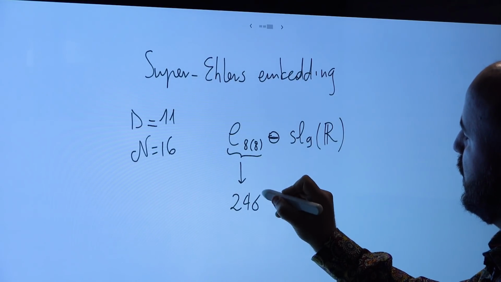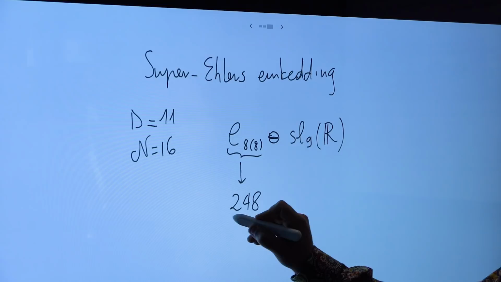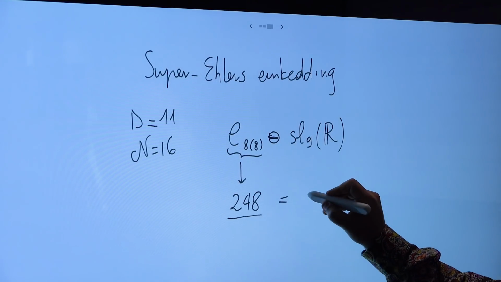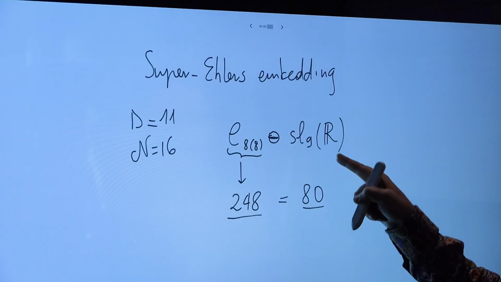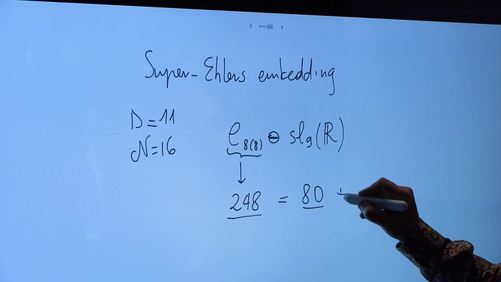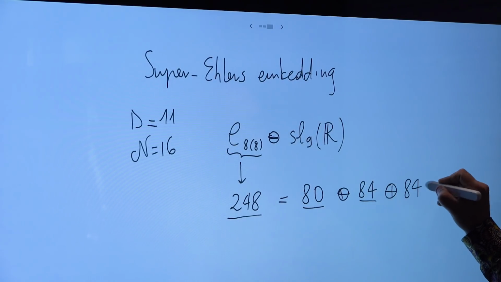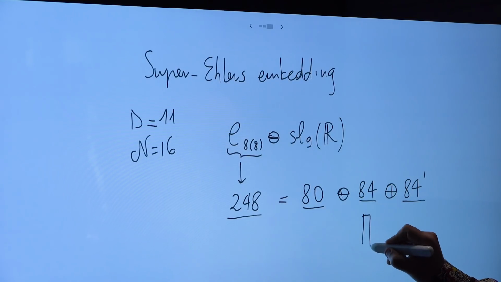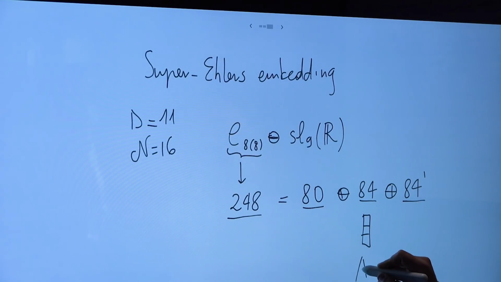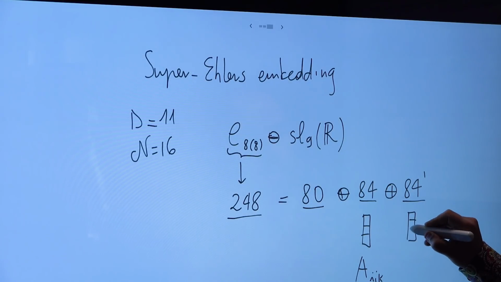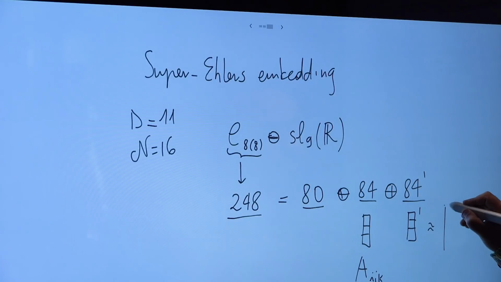This is given by the adjoint representation of E8(8), and it decomposes into the adjoint of SL(9) and then the representations 84 and 84 prime, where 84 is the rank 3 form, and 84 prime is essentially the Hodge dual, the 6th form. I will be more explicit later.